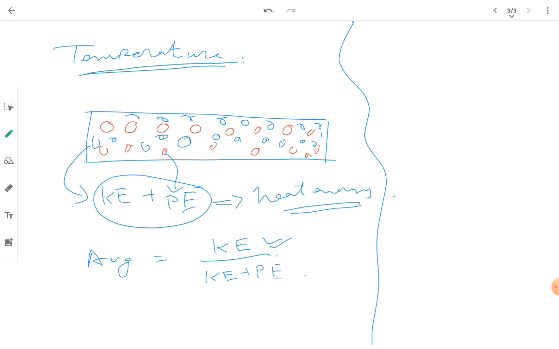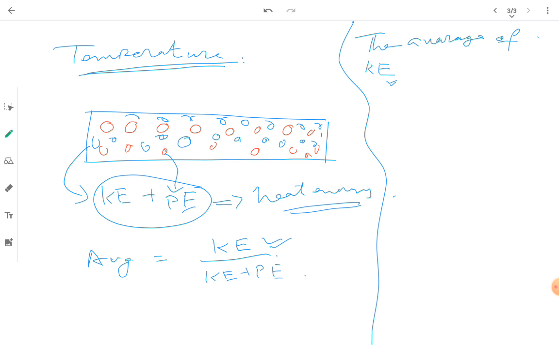So now here we can write that the average of kinetic energy, not the potential energy, we are taking the kinetic energy.